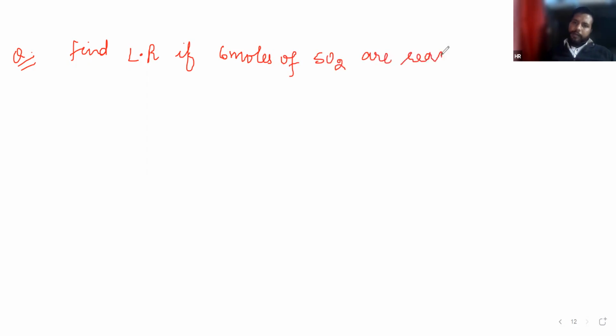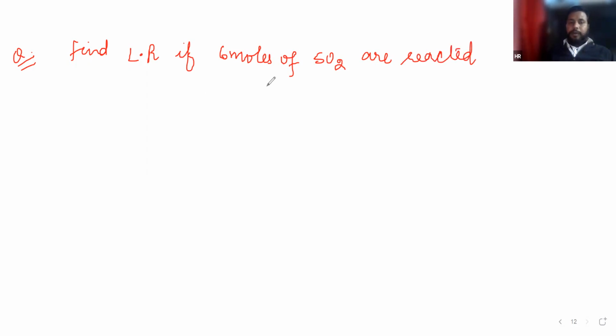Calculate. Find LR. We will first find LR. If 6 moles of SO2 are reacted, we are comparing in terms of moles. Remember it.